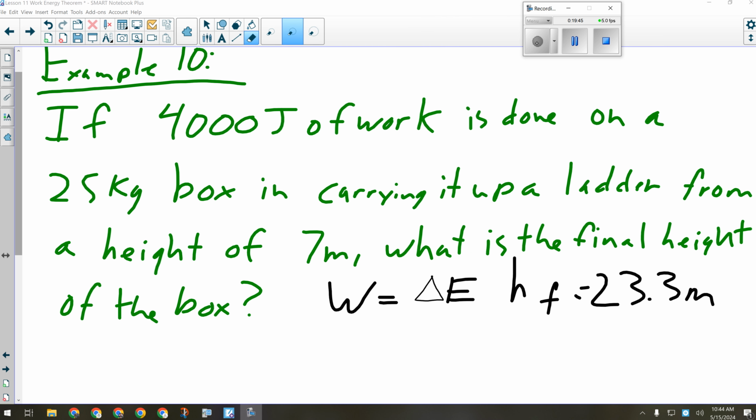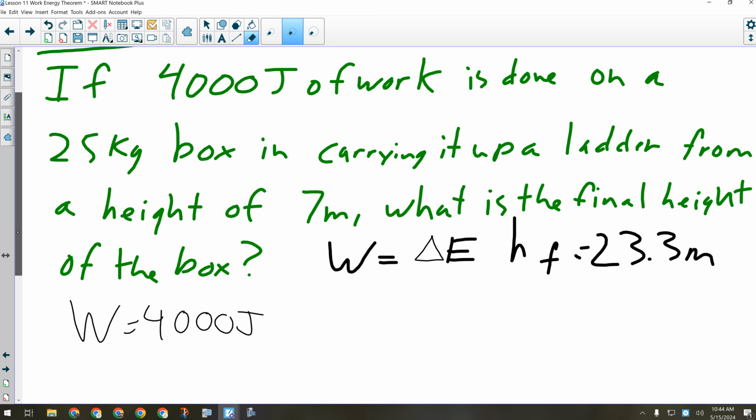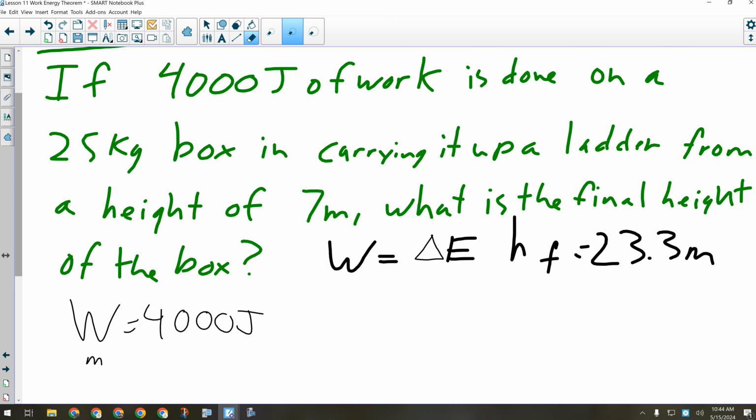Okay, so if I'm reading this through now for the second time, I've got 4,000 joules worth of work. So they outright told me W is 4,000 joules, and it's done on a 25 kilogram box. What does kilograms measure? Mass. Good. Nobody said weight. They don't measure that. Okay, 25 kilograms, and we're carrying it up a ladder from a height of 7 meters.